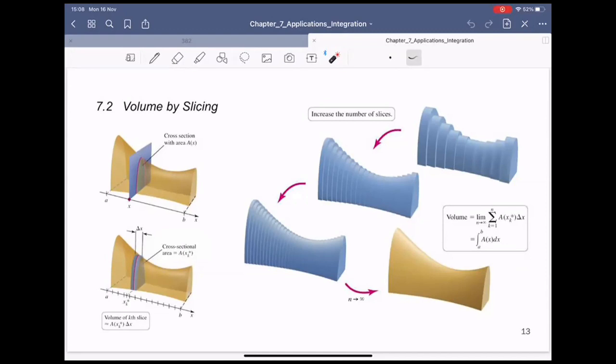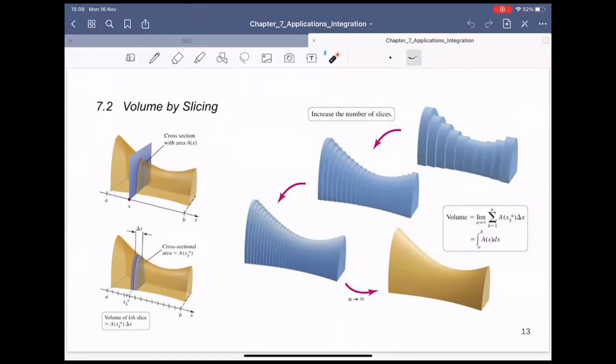So this is going to be an integral. The volume is the integral from a to b of A(x) dx: you find the cross-sectional area, write it in terms of A(x), and integrate from a to b.